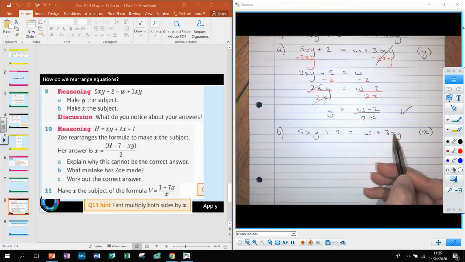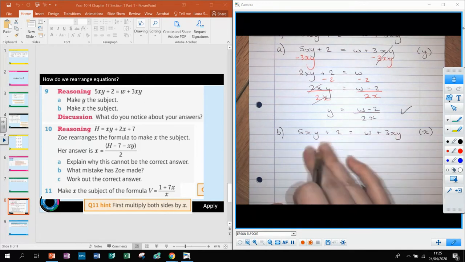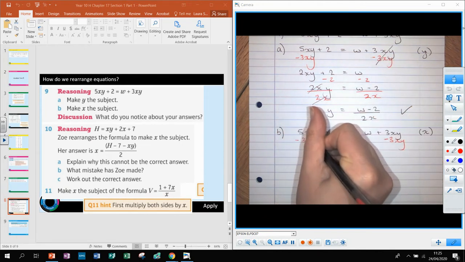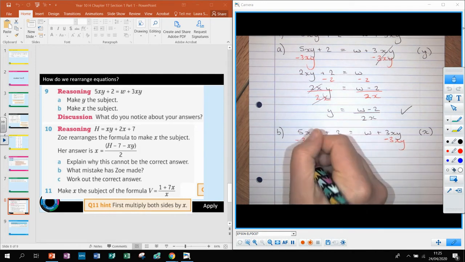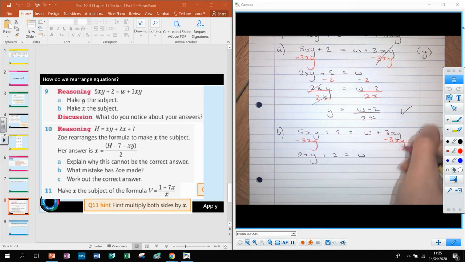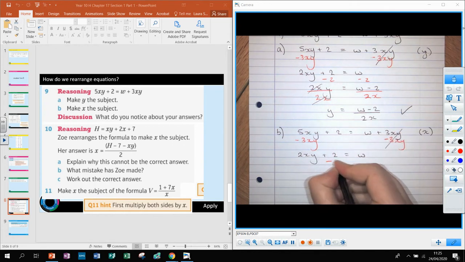So first thing, I still need to get the xy terms together because they contain the x. So that's the same as what we just did. So 3xy minus 3xy there as well leaves us with 2xy plus 2 equals w. Right. Well, it looks to me like the next step's also the same.